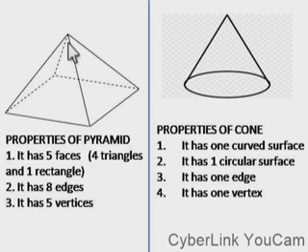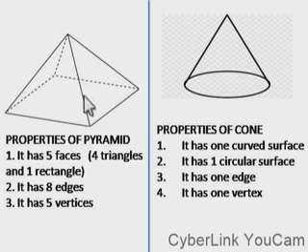As you can see, you have a triangle here, 1, 2, 3, and 4. So 4 triangles, and the base of it is a rectangular shape. So that is why we say that it has 5 faces, and those 5 faces are made up of 4 triangles and 1 rectangle. Now it has 8 edges.